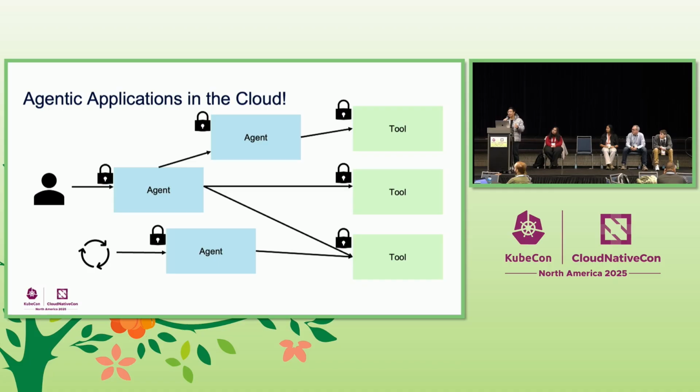Agentic applications can involve many moving parts, multiple agents, multiple tools, and different actors triggering them. Users might call agents, events might call agents, agents will call tools, and agents will also call other agents. This chain of interactions is dynamic, non-deterministic, and complex. So that means zero trust and contextual awareness is more critical than ever.